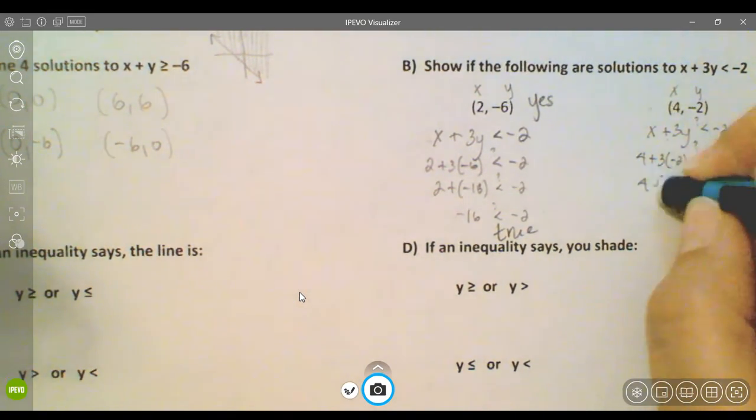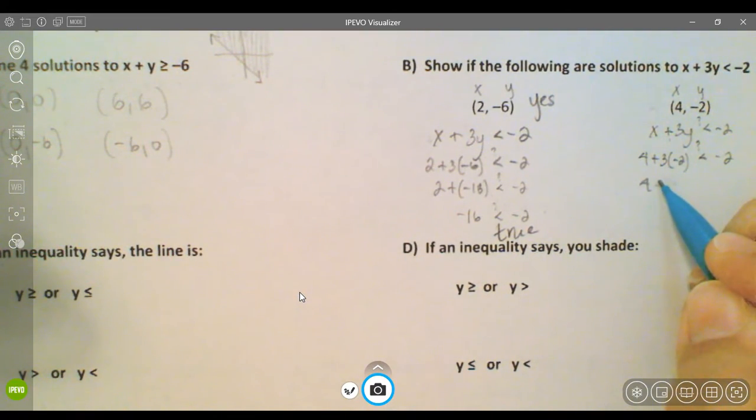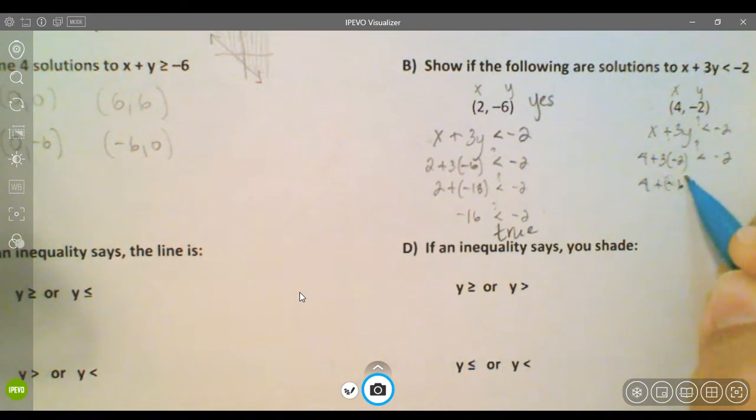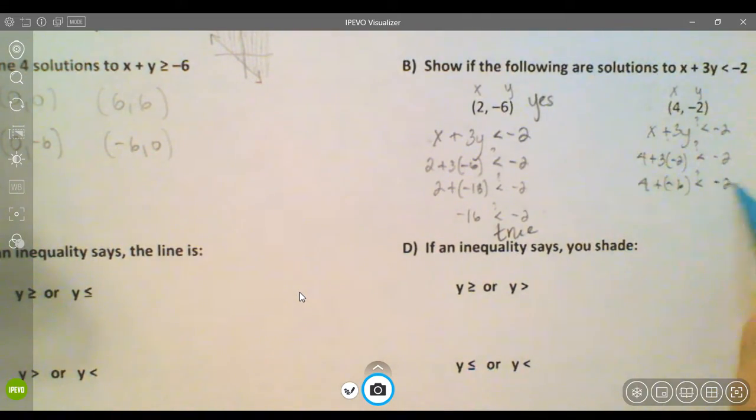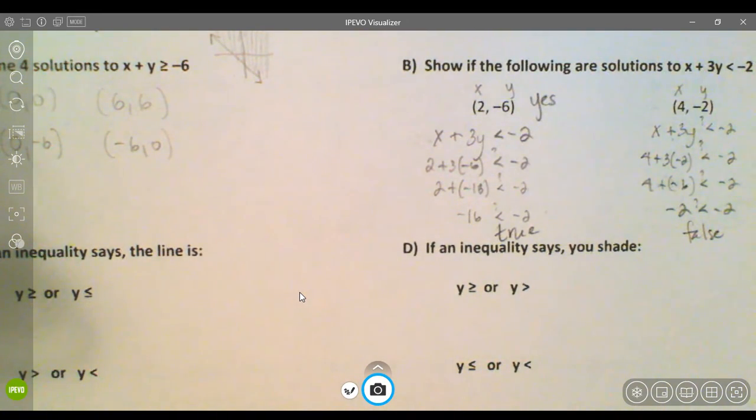Oh, goodness, Denise, slow down. So this is 4 plus -6. Is that less than -2? Is -2 less than -2? Guys, that's false. It's not less than -2, it equals -2. This is a no.